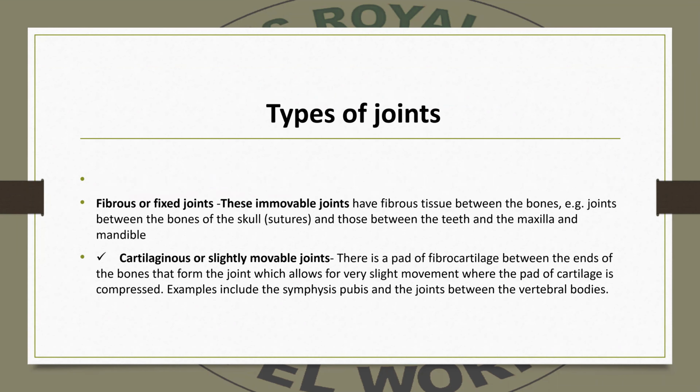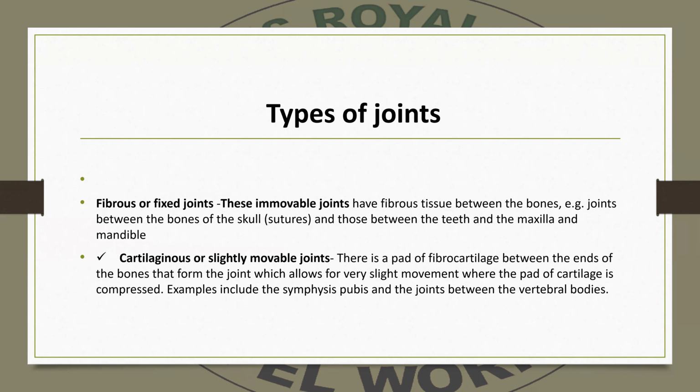There are different types of joints. There are those that are not movable at all. They are fixed, fibrous tissues, these joints like the ones between the teeth, or the mandible, they don't move.